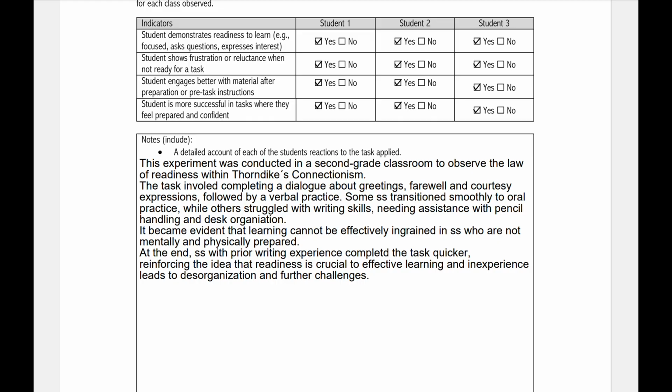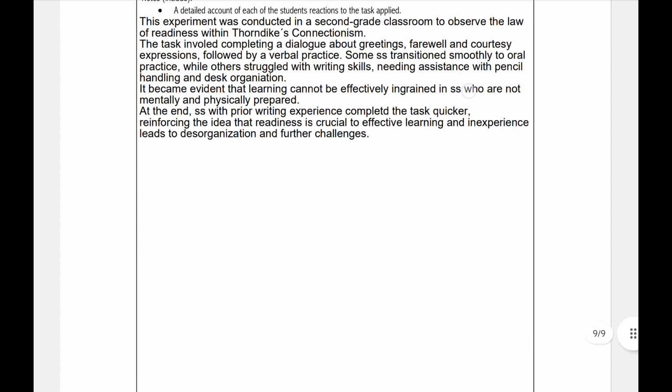It became evident that learning cannot be effectively ingrained in students who are not mentally and physically prepared. At the end, the students with prior writing experience completed the task quicker, reinforcing the idea that readiness is crucial to effective learning and inexperience leads to disorganization and further challenges.